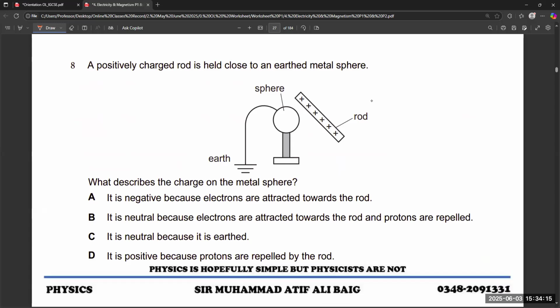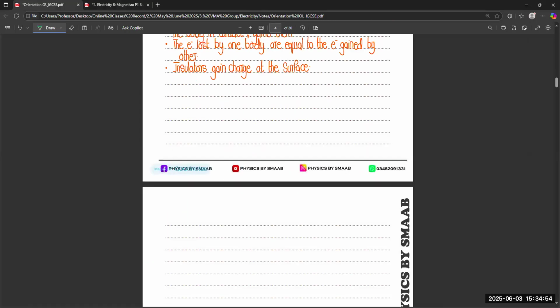If we talk about the earthing process, suppose we connect a wire to any neutral or charged body. For example, in this diagram we have a sphere placed on an insulated stand, with a wire connected to the earth, called an earth wire. This process is called earthing. Now we place a positive rod close to that sphere; in the same way, we can place a negative charge close to the sphere. So both possibilities are there.